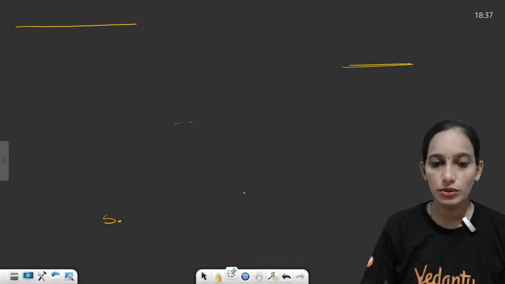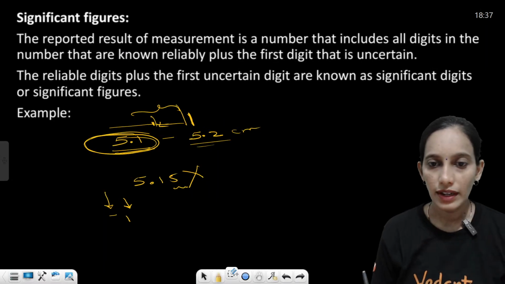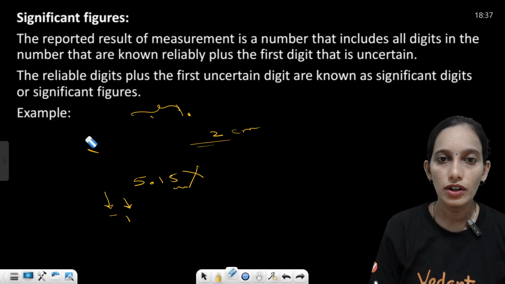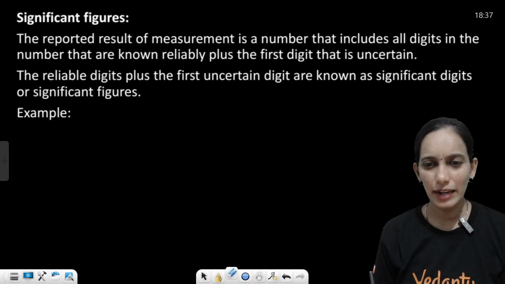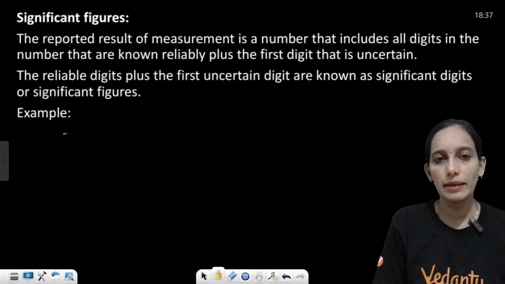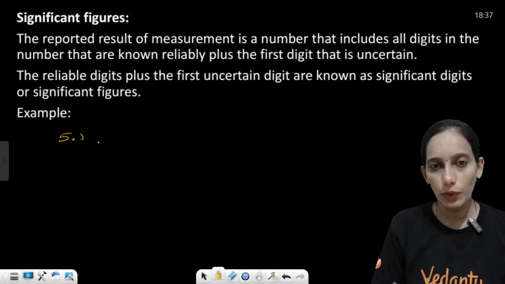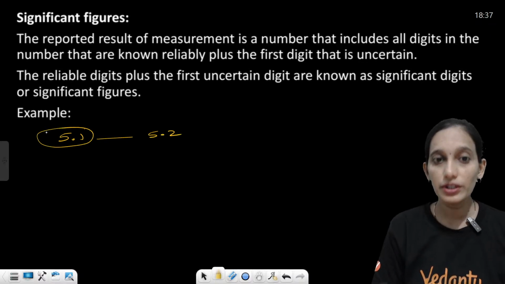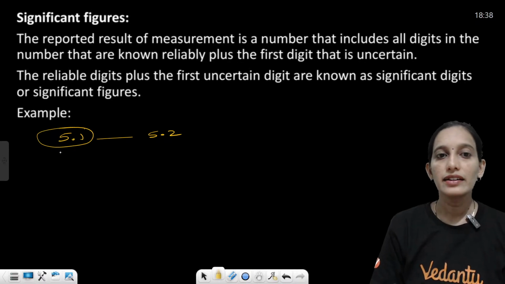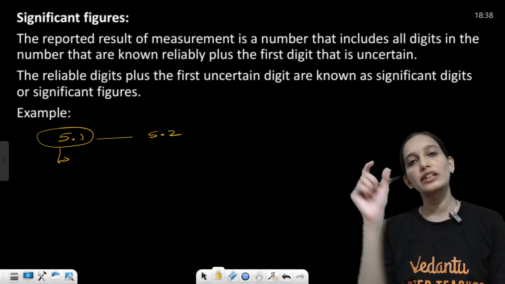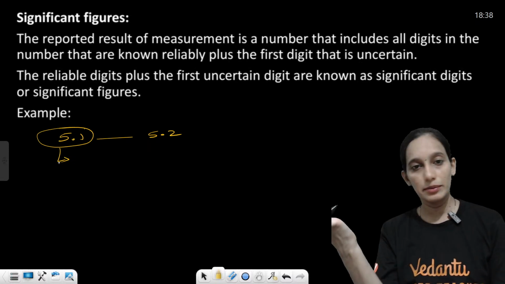What I'm trying to say is that in the measurement of length, it can be anything, I'm just taking the example of length like 5.1. If the reading is between 5.1 and 5.2, we have to take the previous one. In that, I am 100% sure about the length of 5 meter or 5 centimeter, let us say.